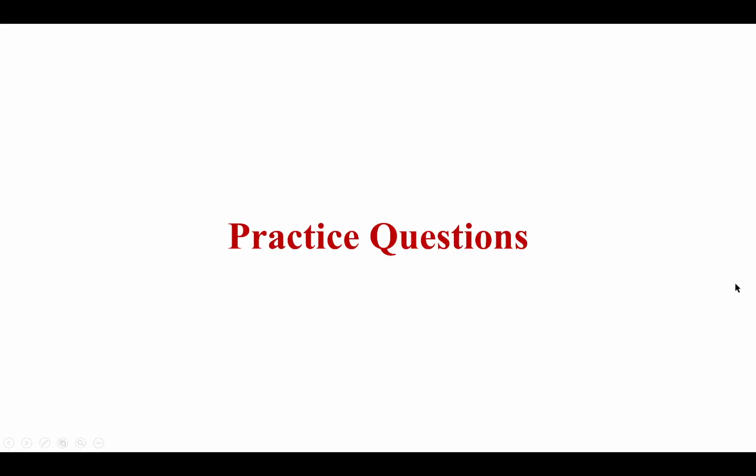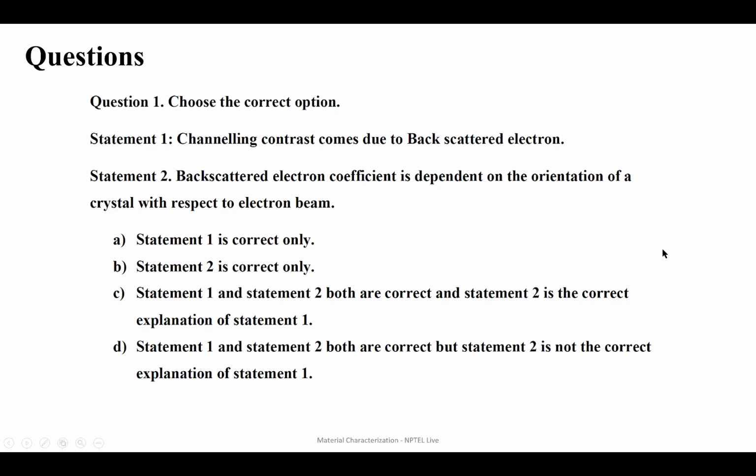Next we come to some practice questions. Choose the correct option. Statement 1. Channeling contrast comes due to backscattered electrons. Statement 2. Backscattered electron coefficient is dependent on the orientation of a crystal with respect to the electron beam.